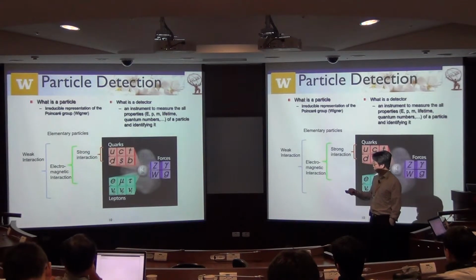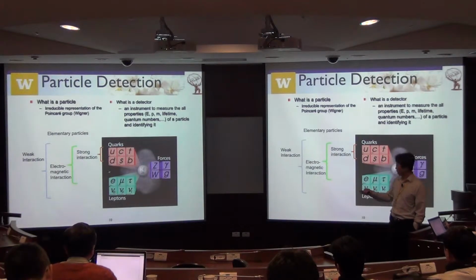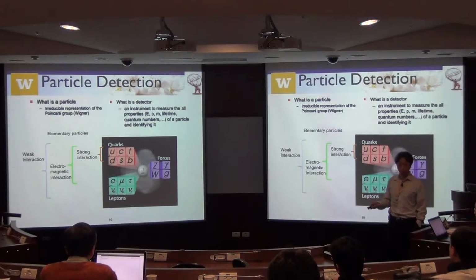Basically, all we care about is how we can detect all these elementary particles. And actually, you will see later, some particles you cannot detect directly because they are unstable particles.